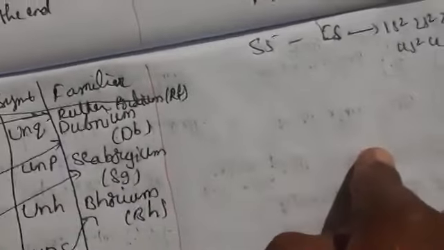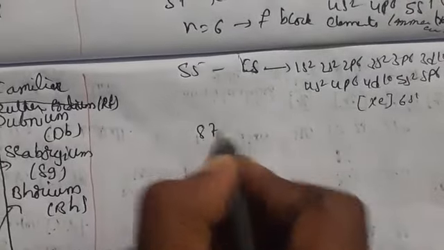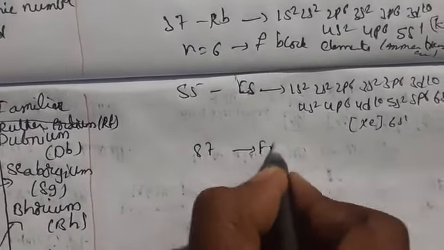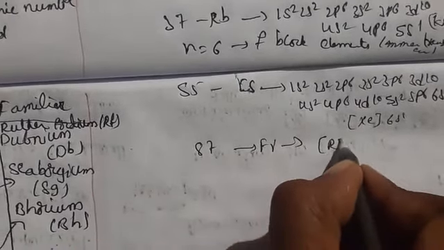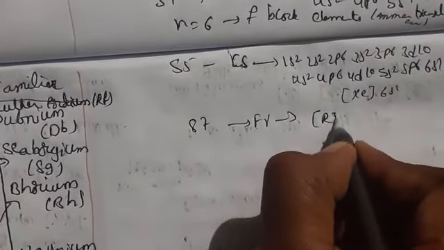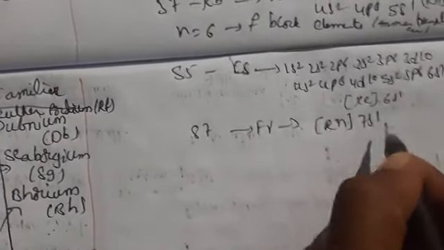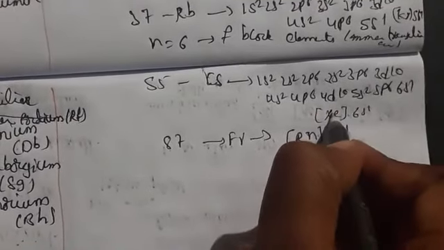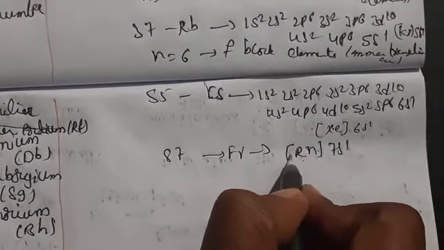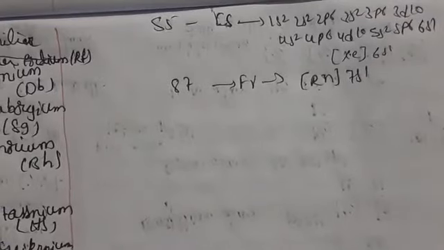And also for 5f orbitals, if you have 87, that is francium, it is having radon, atomic number 86, so that is 7s1. Xenon has atomic number 54, and radon has 86. By this we can fill the inner periods, the actinide series.